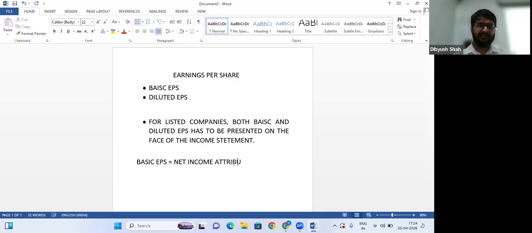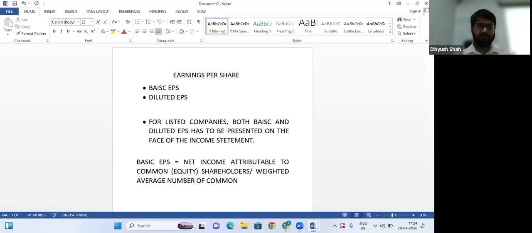Generally for the numerator we say it should be net income attributable to equity or common shareholders, divided by the weighted average number of common, that is equity, stocks.